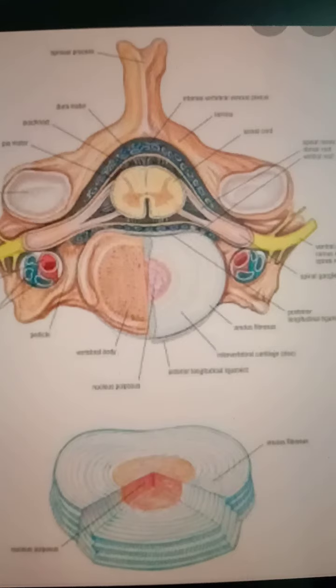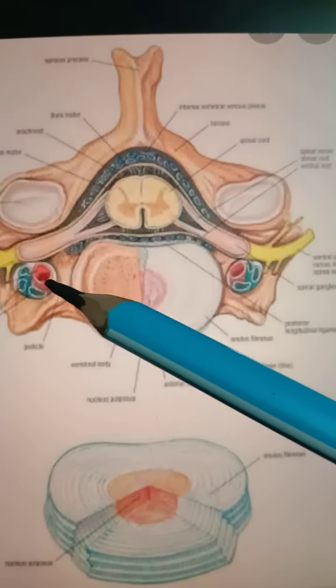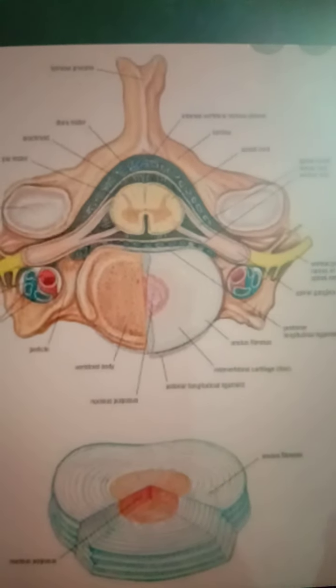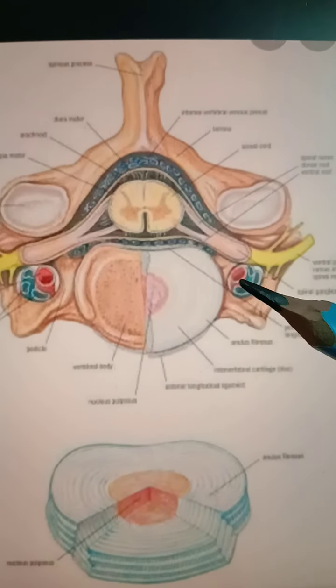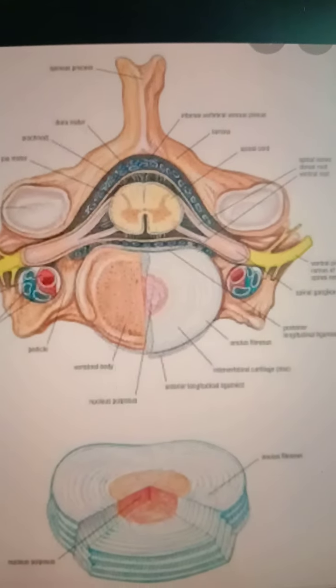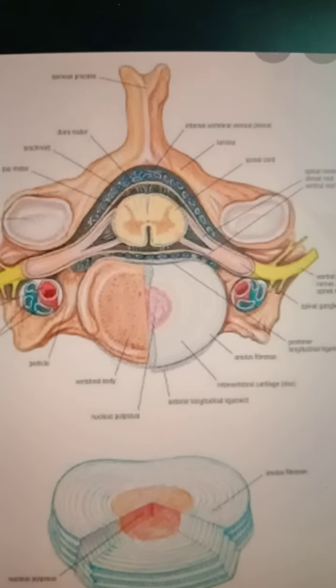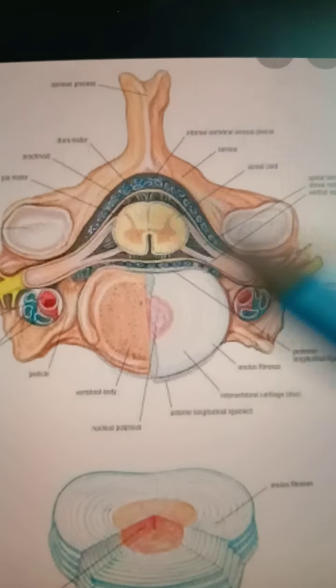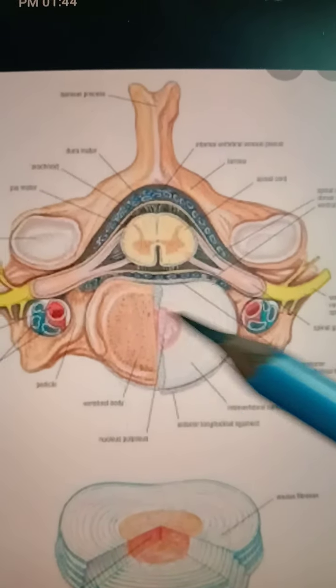Then the next point is the vertebral artery. Here you can see the vertebral artery present in the foramina transversaria. The vertebral artery courses through the foramina transversaria, which lie lateral to this joint.